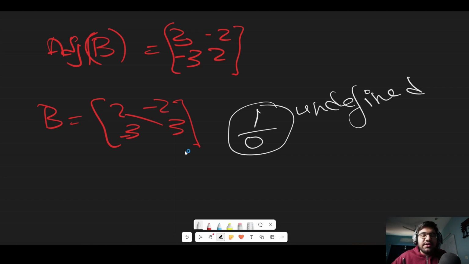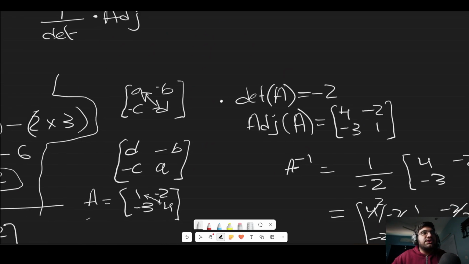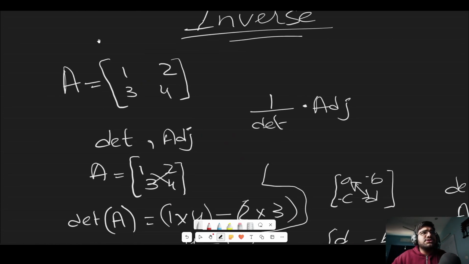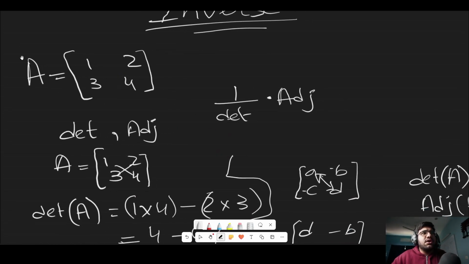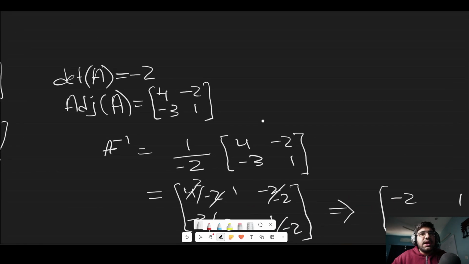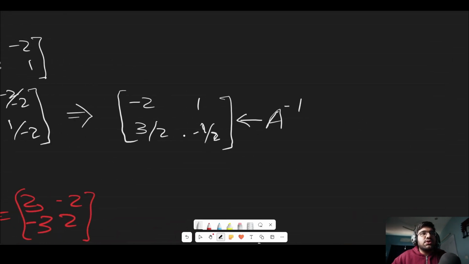There would be an error if you try to do this on your calculator, but basically this is what I wanted to show you, that if the determinant comes out to be equal to 0, then the matrix cannot be inverted. In the last example, we did the inverse of matrix A, which is 1, 2, 3, 4, and it comes out to be minus 2, 1, 3 by 2, minus 1 by 2. You can try this example on your own and see if it works or not.